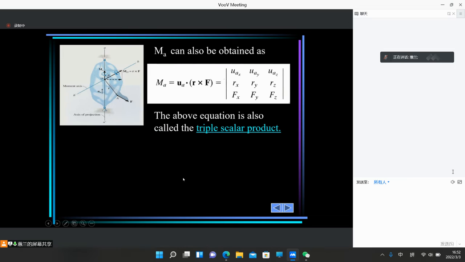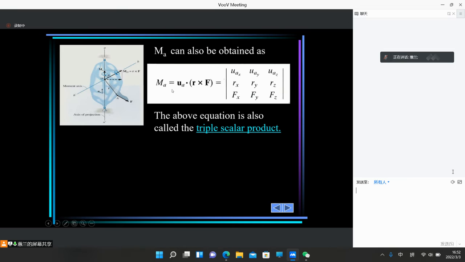So definitely we can use the graphical way or algebraic way to calculate the moment about an axis. But generally, we can use the determinant again to calculate the moment about this axis.